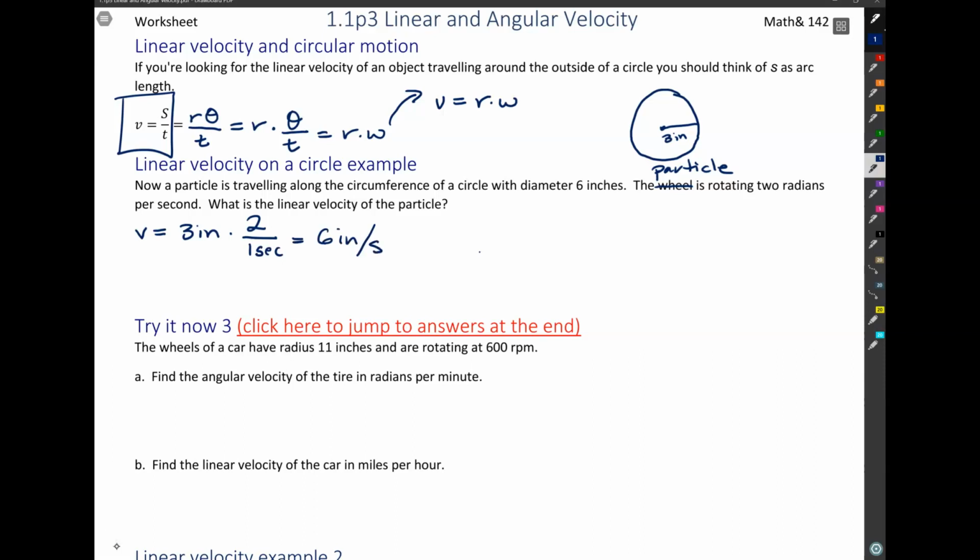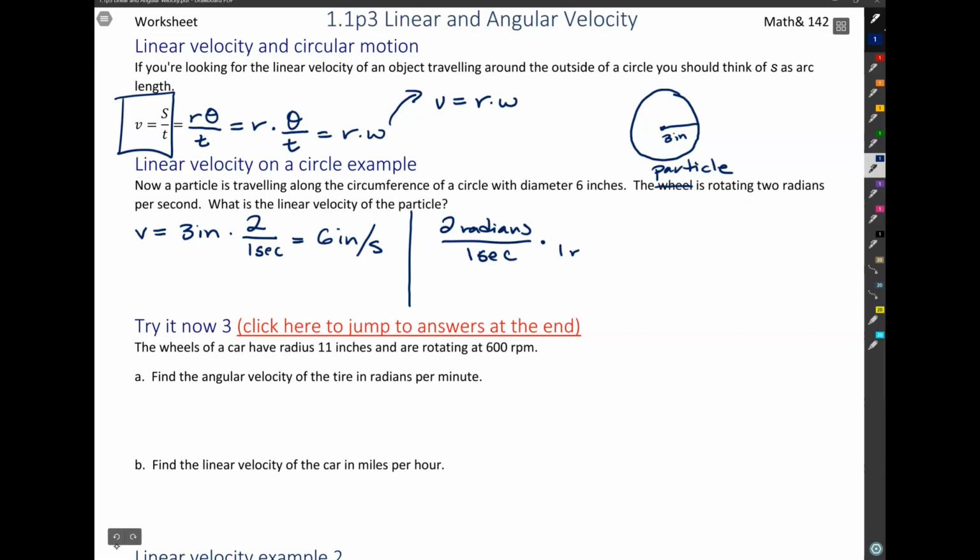That's really nice here. Just to show you, we can get there just using dimensional analysis or a little bit different thinking. We could also say, okay, we know that we're going 2 radians per second. And again, you don't ever have to write radians, but sometimes it helps my thinking. And here we can use dimensional analysis if you're really connecting with what a radian is.